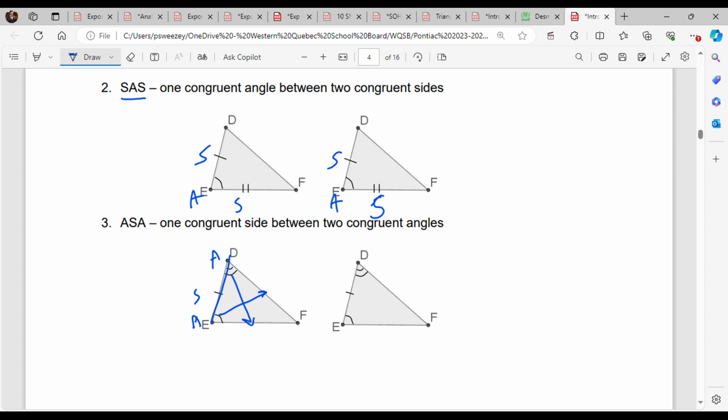Where this may get a touch challenging would be something along the lines of this.